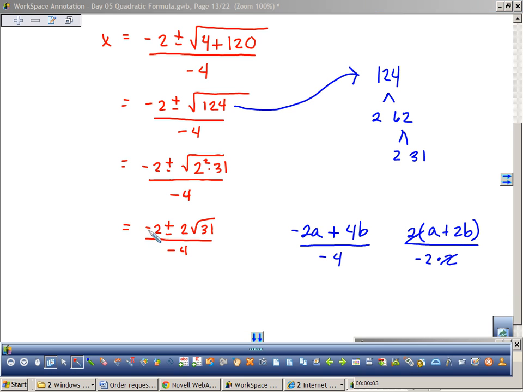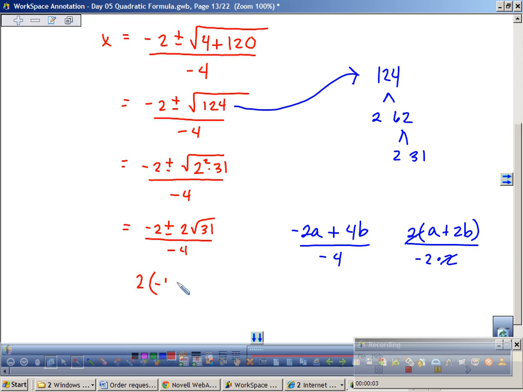We're going to say, I'm going to take a 2 from everybody on top. So I'm going to take a 2 from negative 2. What would I have left? Negative 1. I'm going to take a 2 from 2 square root 31. What would I have left? 1 times square root 31.